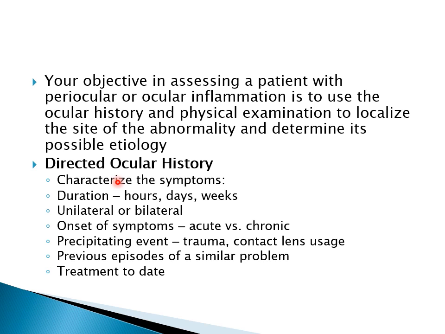We should ask about the symptoms, the duration, whether it's acute, hours, days, or weeks, whether it's unilateral or bilateral, onset of symptoms, precipitating event, might be traumatic or related to contact use, previous episodes, previously used treatment and duration of that treatment.